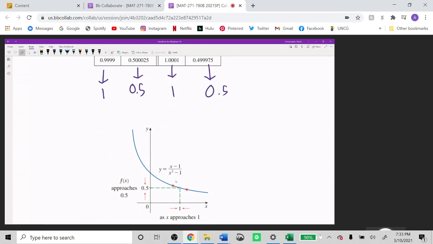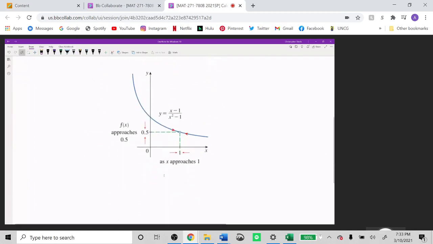There's a hole at x equals 1 in this graph due to dividing by x squared minus 1, which is the same as x minus 1 times x plus 1, right? There's a removable discontinuity here. So a function value here is not defined. Although you see that as I approach that x value from either side, my y values get really, really close to 1/2.